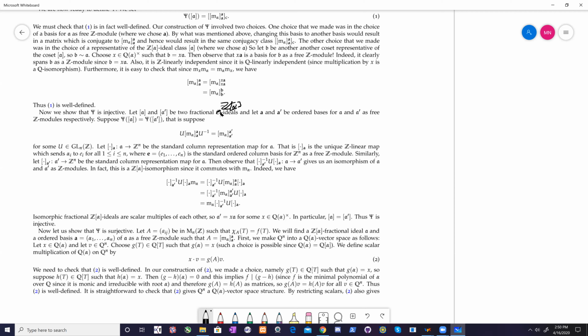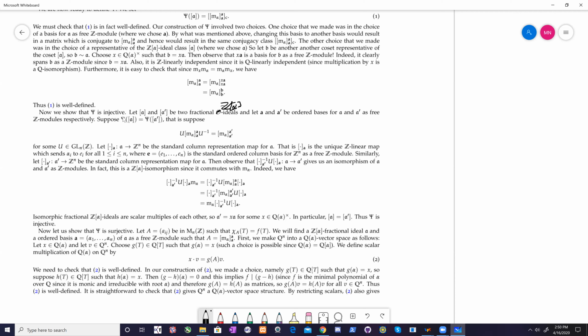And let bold A and bold A prime be ordered bases for A and A prime as free Z modules, respectively. Suppose that capital psi of this class is equal to capital psi of this class. What I want to show is that bracket A is equal to bracket A prime, because that will show that capital psi is injective.